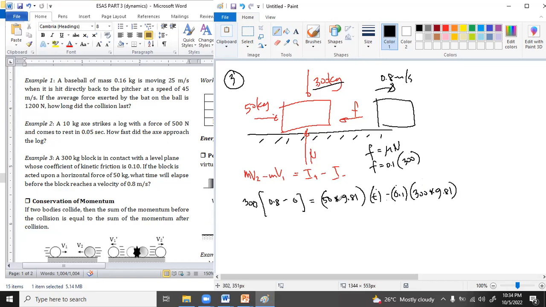So positive impulse minus negative impulse multiplied by the time. Time can be calculated, so let me just calculate. So time would be 1.22 seconds.